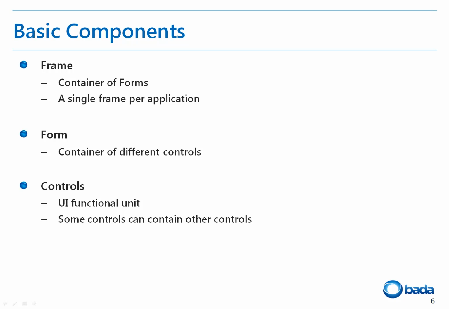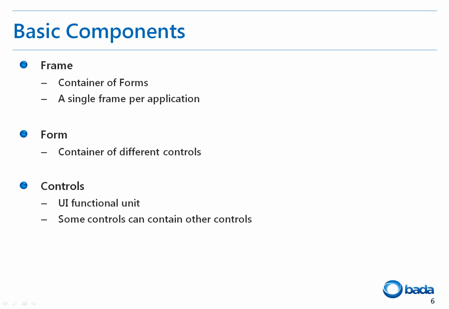It can only contain instances of the form class as its child controls. A form is a full-screen control that you can use to display an indicator area, header, footer, and other UI controls on the screen. The form is the only instance which can be present as a child on the frame control.